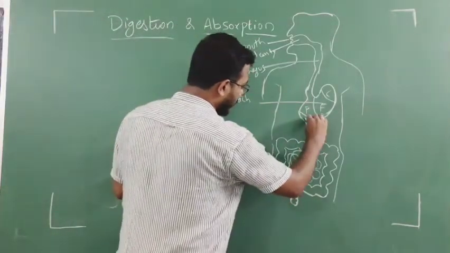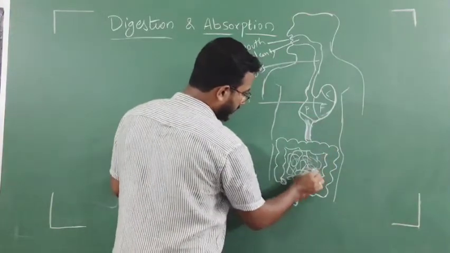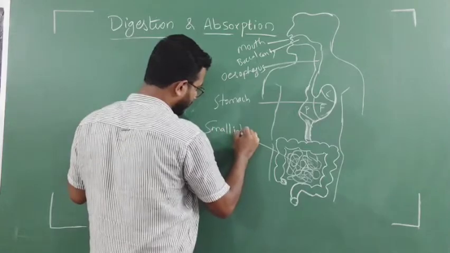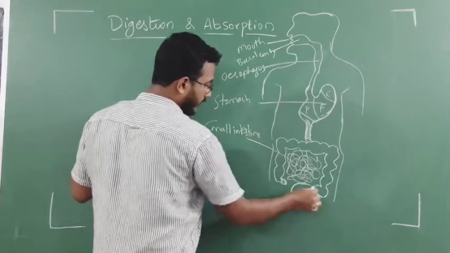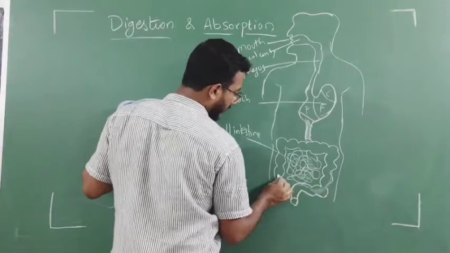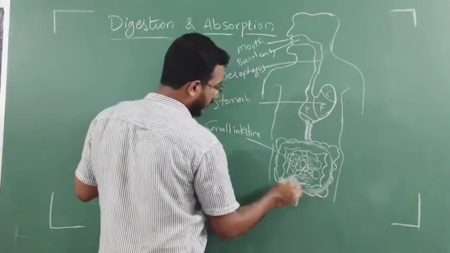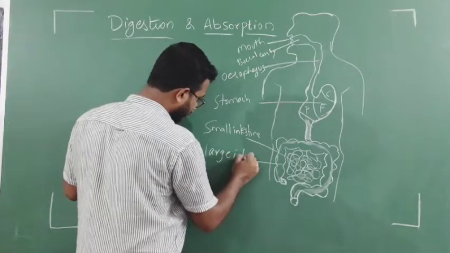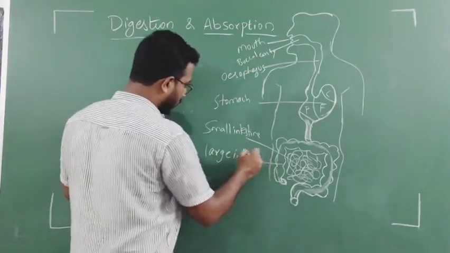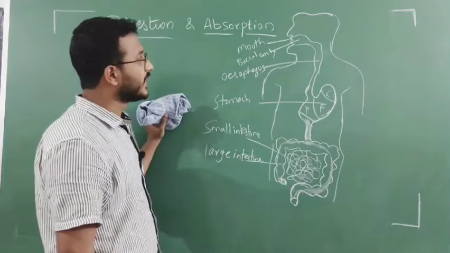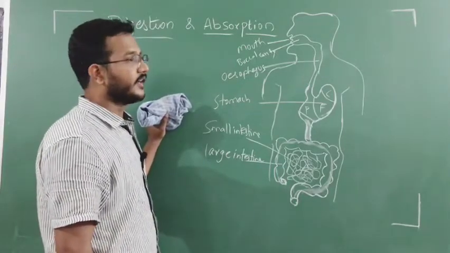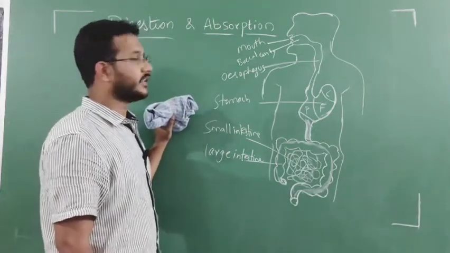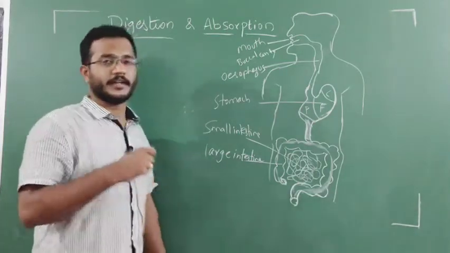From here to here is all the small intestine, and from here it is all the large intestine. So this is how the alimentary canal is located in the human body, the diagrammatic representation of the alimentary canal.